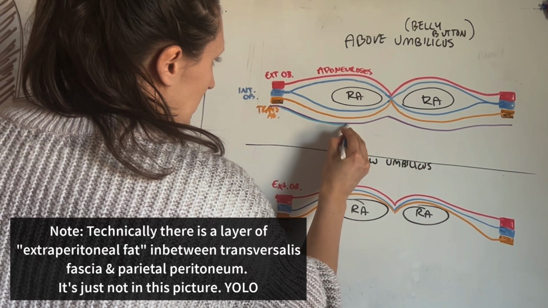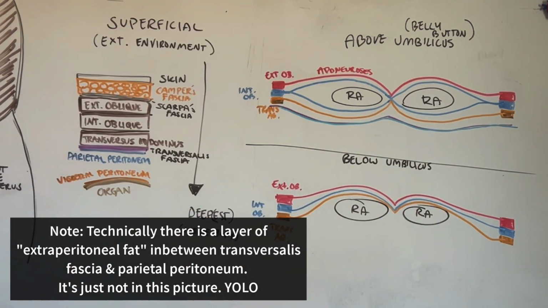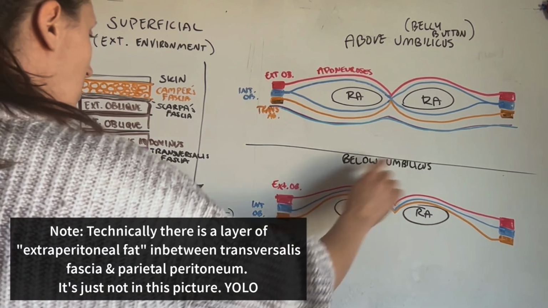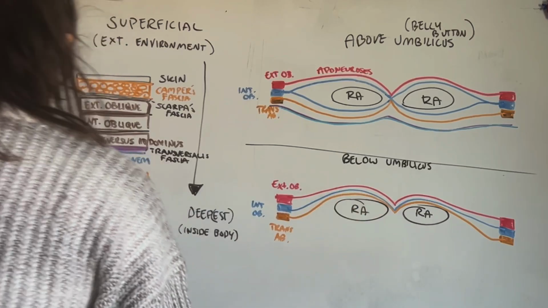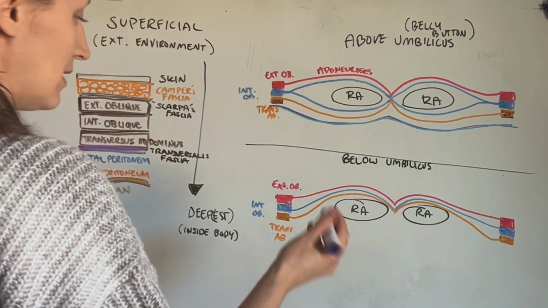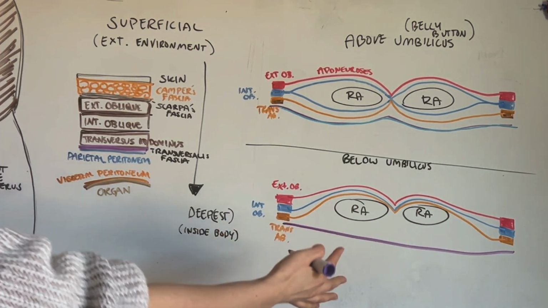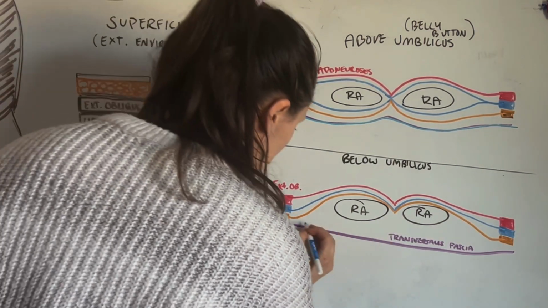But on that purple line, kind of really on it, would be parietal peritoneum. So there's some layers of connective tissue back there as well. When all of the aponeuroses go in front of, superficial to, my rectus abdominis, the only layers behind the rectus abdominis will be my transversalis fascia and the parietal peritoneum, which we can't really see with the naked eye.